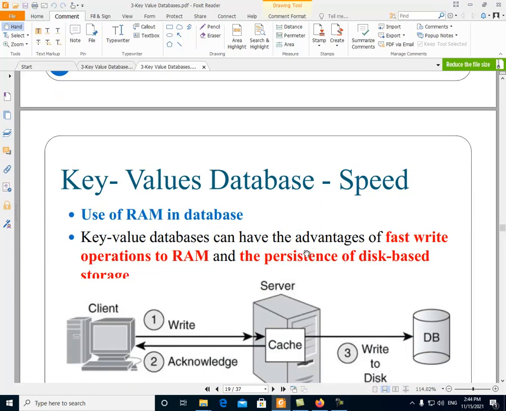And then for the speed, we said that the key value database uses the RAM of the computer to accelerate the speed. When we do a write operation, it is done in the RAM, and then the server sends an acknowledgment to the client. It says that the operation is done, and then the operation is done later on the hard disk.